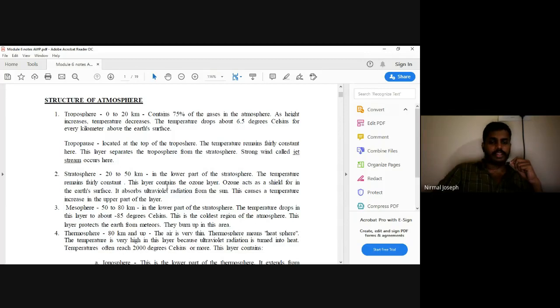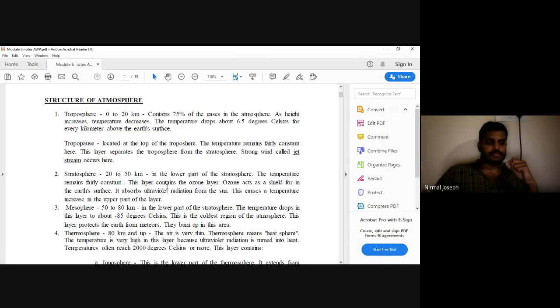The temperature drops about 6.5 degrees for every kilometer above the surface. So if we travel up 1 kilometer, the temperature drops about 6.5 degrees, and that much reduction occurs for every kilometer rise in the troposphere.